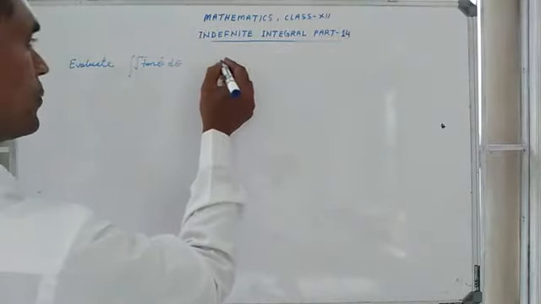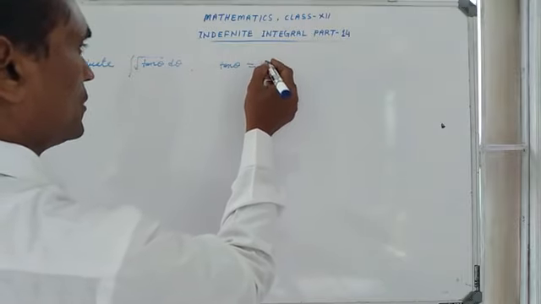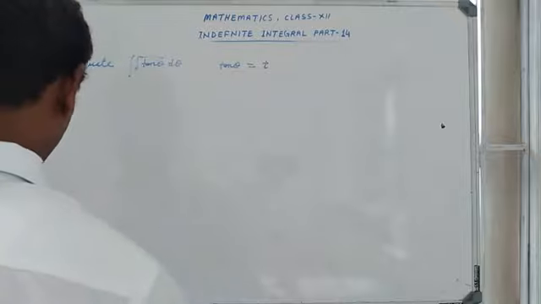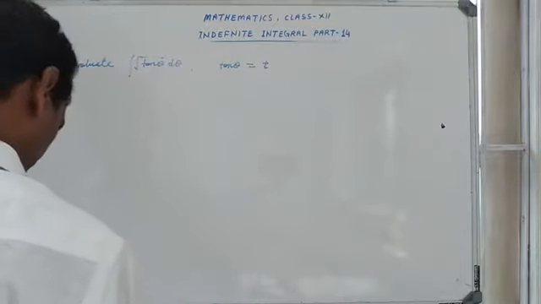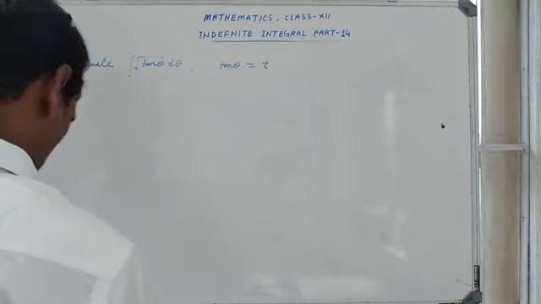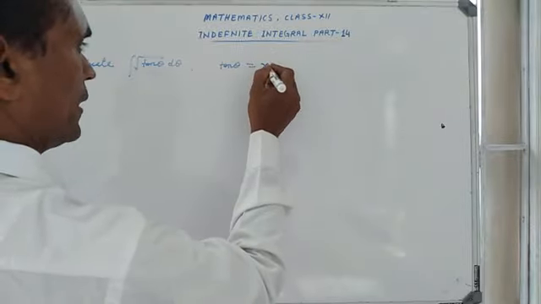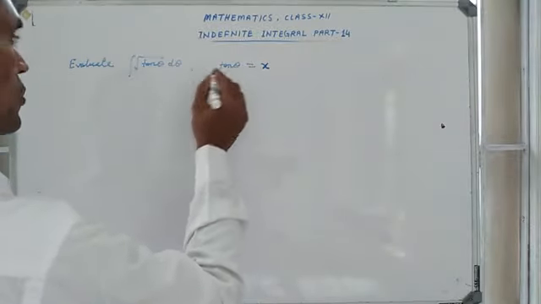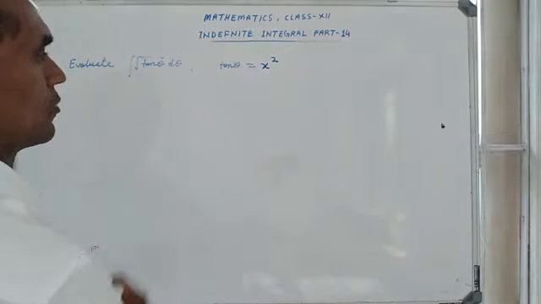So here you put tan theta equals t, or x you can take. Tan theta equals x, you take, so that the square root will remove x square.